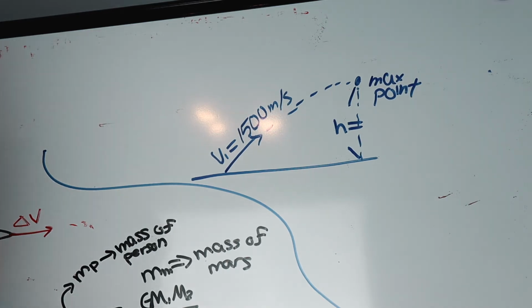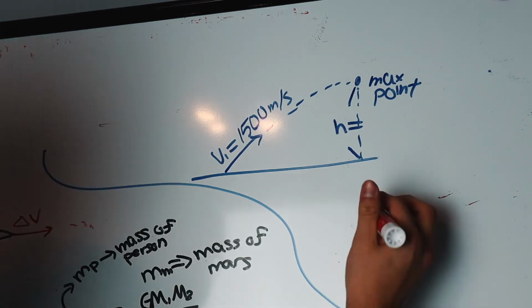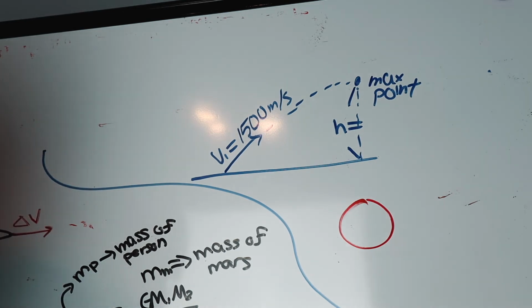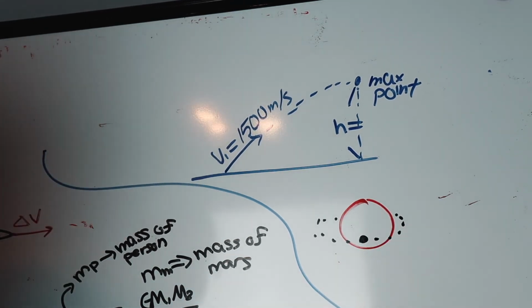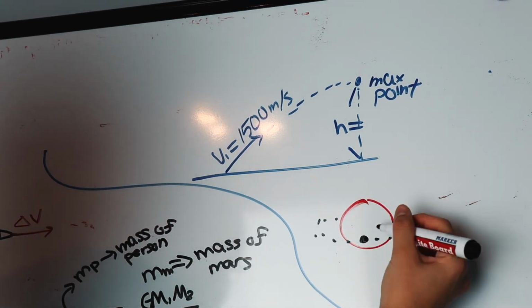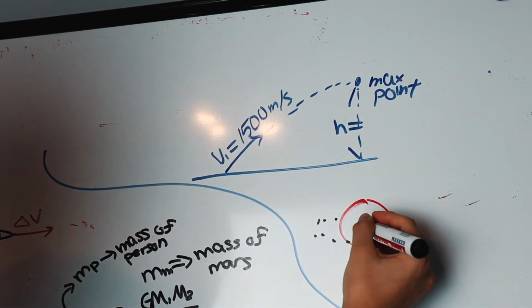Okay, so let's assume that this spacecraft has to go all the way up to geostationary orbit. Geostationary orbit is basically, to simplify, when you're orbiting a planet, assume that's Mars, and this is a satellite. No matter where you are, it's always going to face the same ground.